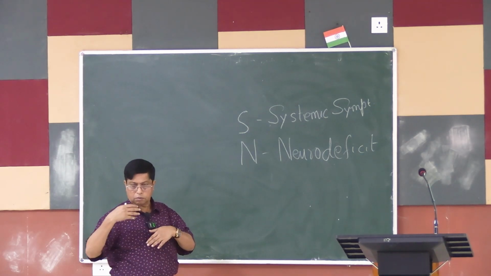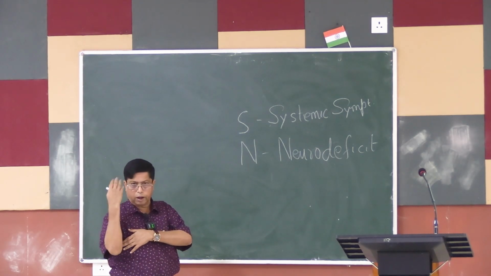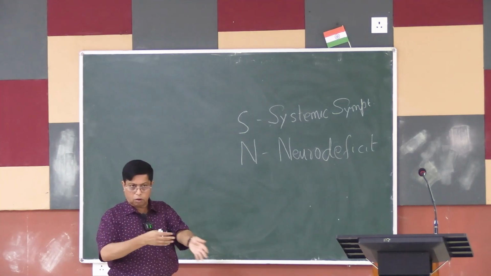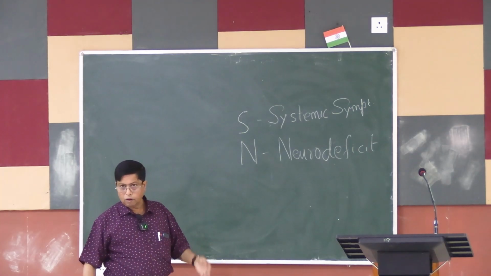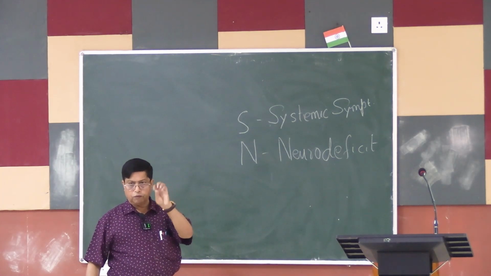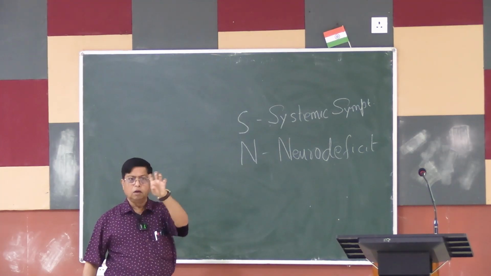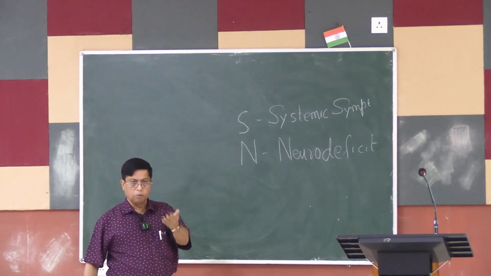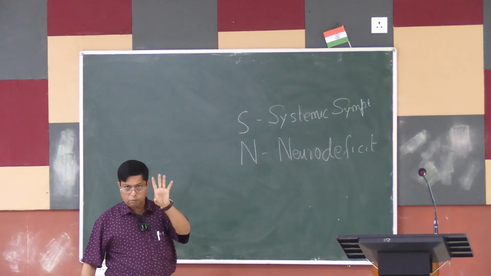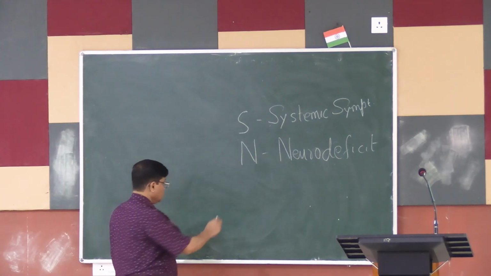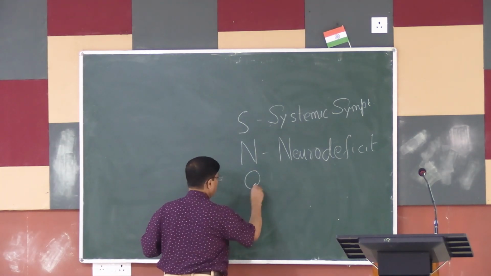Like a patient suppose comes with a paralysis of one hand or sensory disturbance in one leg. So these are focal neurodeficit. Neurodeficit means some deficit in neurological examinations. Maybe motor, maybe sensory, maybe autonomic deficiency. Then comes O.